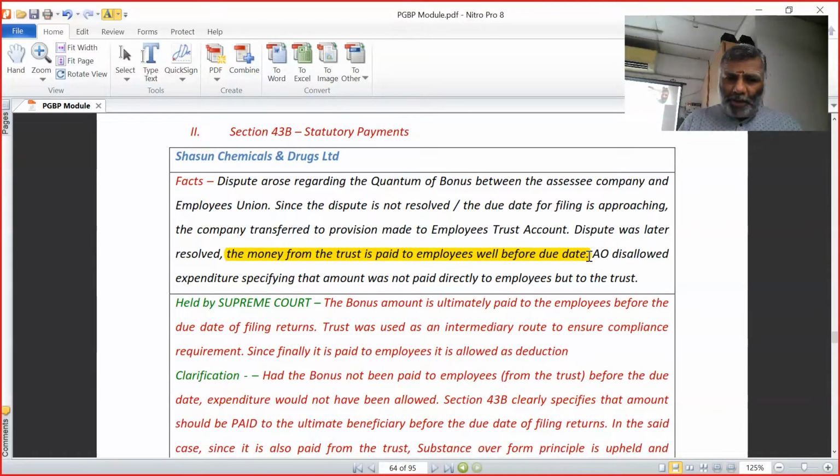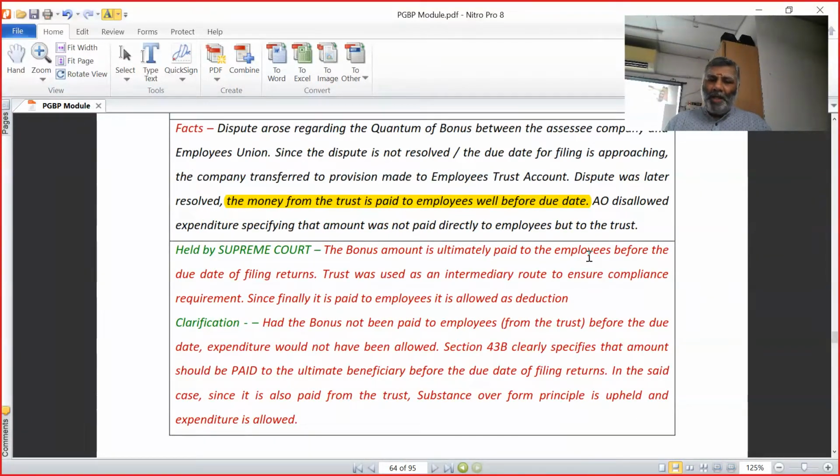The AO disallowed the expenditure, specifying that the amount was not paid directly to the employees but to the trust. Held by the Supreme Court, the bonus amount is ultimately paid to the employees before the due date of filing.